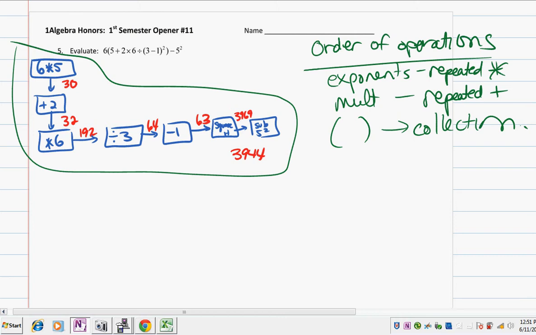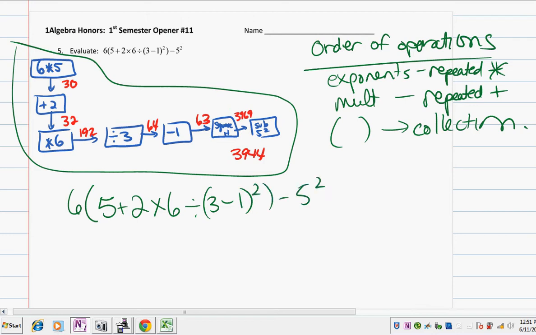So let me just start writing. 6 times 5 plus 2 times 6 divided by 3 minus 1 squared minus 5 squared. The first thing I can at least agree on is this collection would mean that I can change this to a 2.